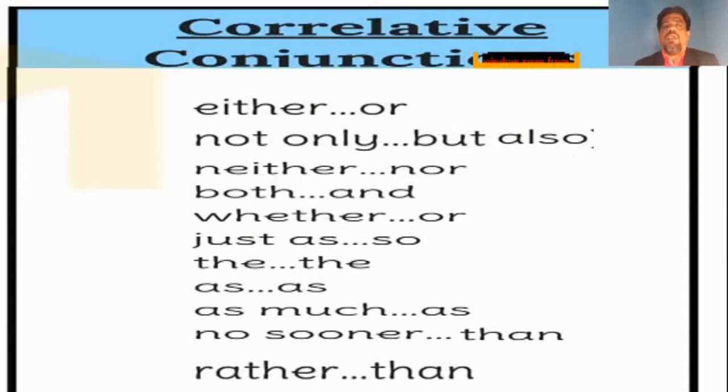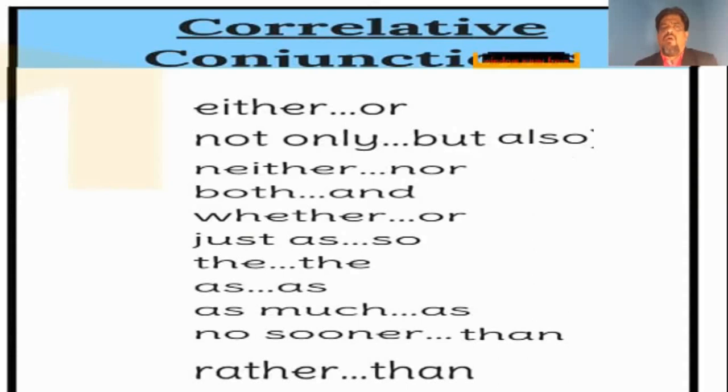For example, either or, neither nor. You may find some dots in between because you don't directly use either or. We use either, then we put some word there, and after the gap of a word, we put the word or. In the same way, we use not only, and then after the gap we use but also. That is why the dots are put over here.